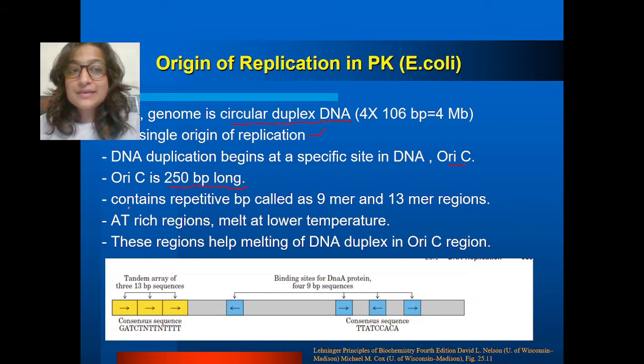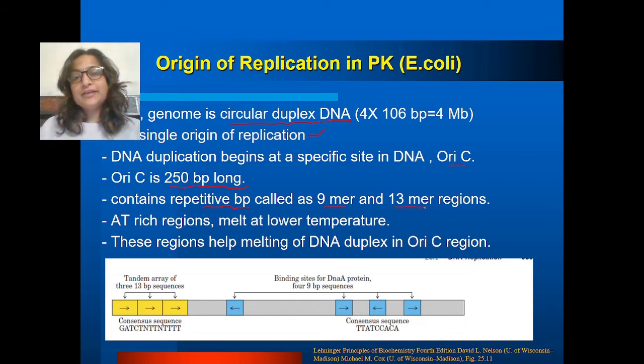The ORI-C contains repetitive base pairs. Remember, that was the feature of origin of replication, that there have to be repetitive sequences. And these repetitive base pairs are called 9-mer and 13-mer regions.